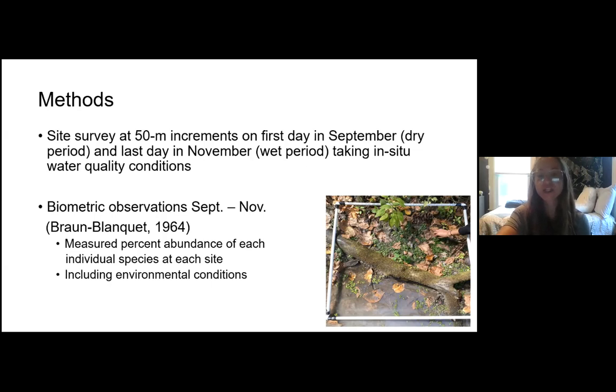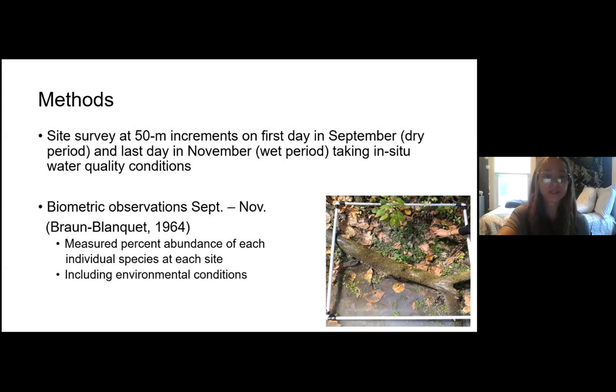And so each 50-meter reach had 10 quadrat samples of percent abundance of each species that were seen from an overhead view. So it was a lot of data that was taken to fully characterize this site, which was really helpful in the conclusions that I will list later on.